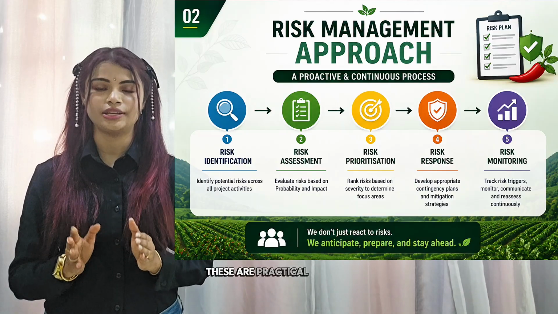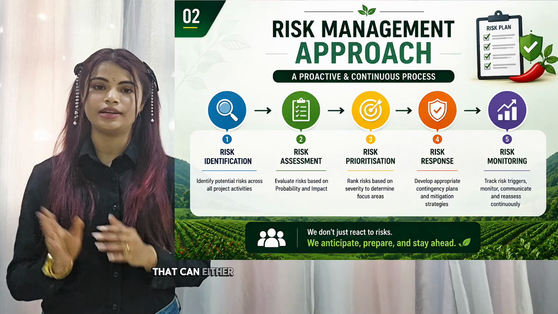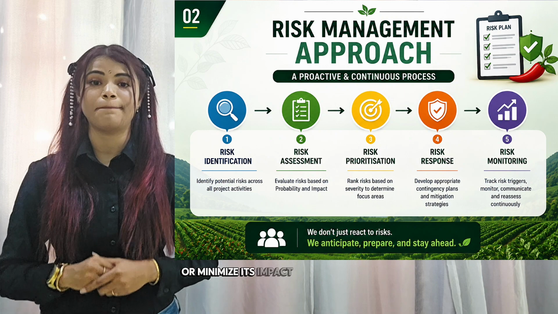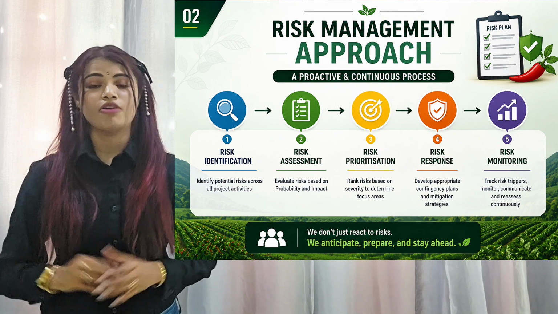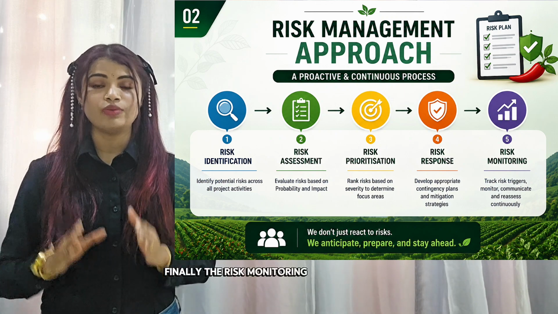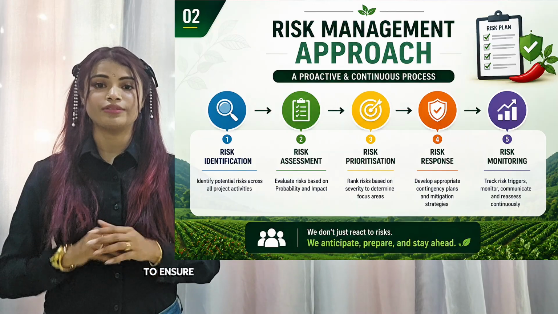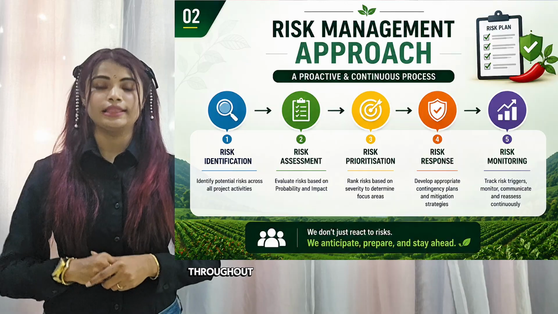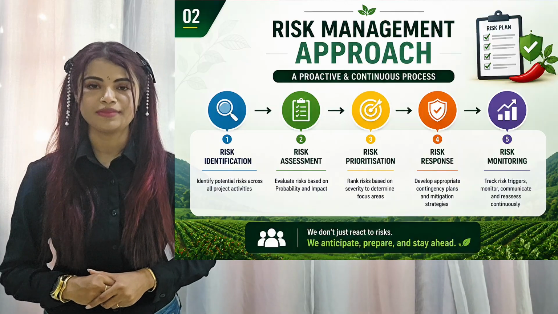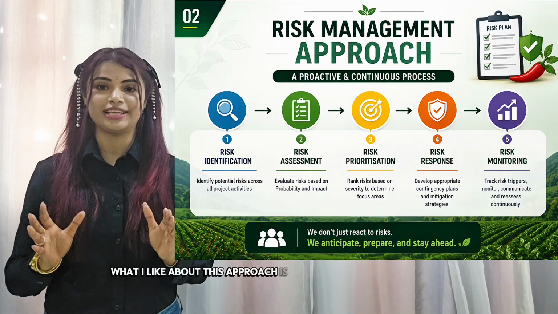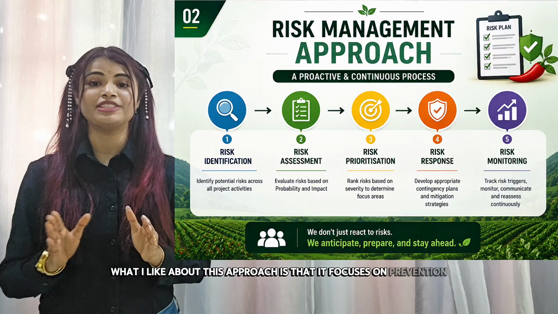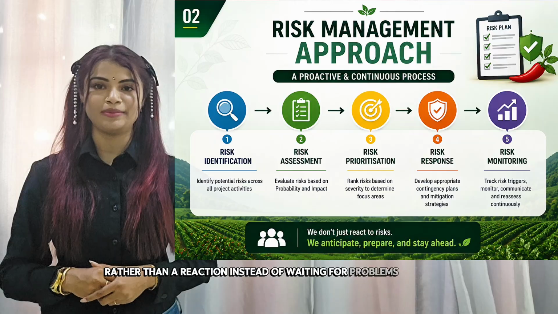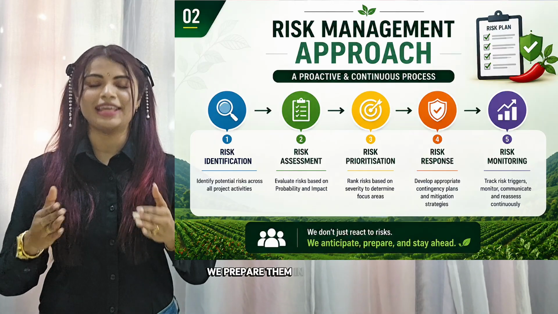These are practical actions that can either prevent the risk from occurring or minimize its impact if it does occur. Finally, risk monitoring was established to ensure that risks continue to be tracked throughout the project lifecycle. What I like about this approach is that it focuses on prevention rather than reaction. Instead of waiting for problems to happen, we prepare for them in advance.